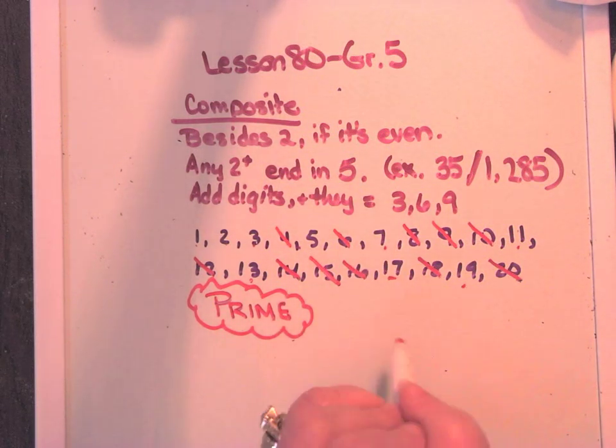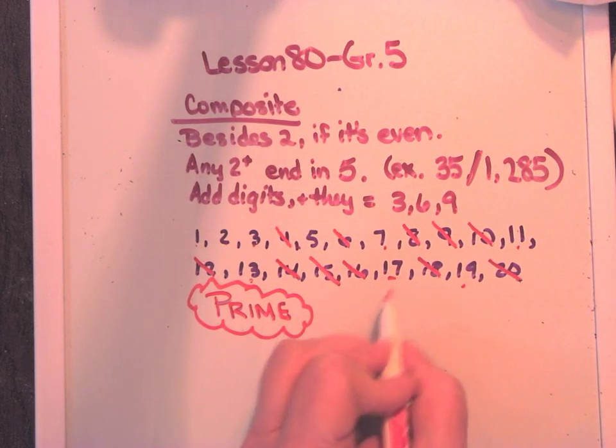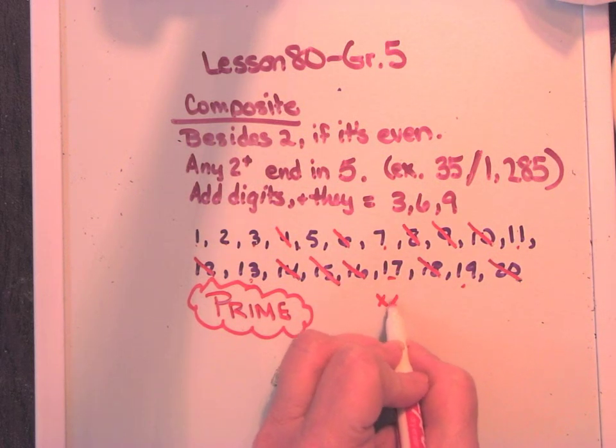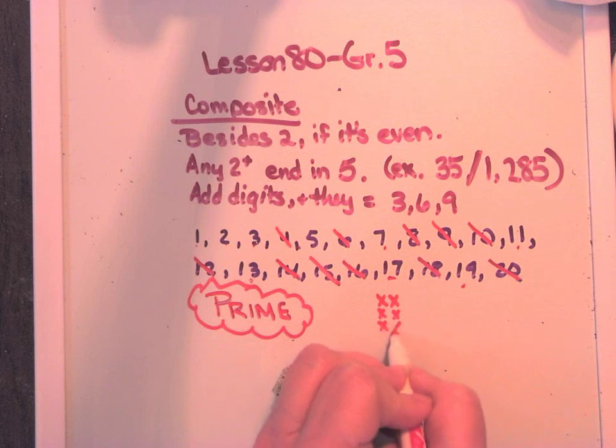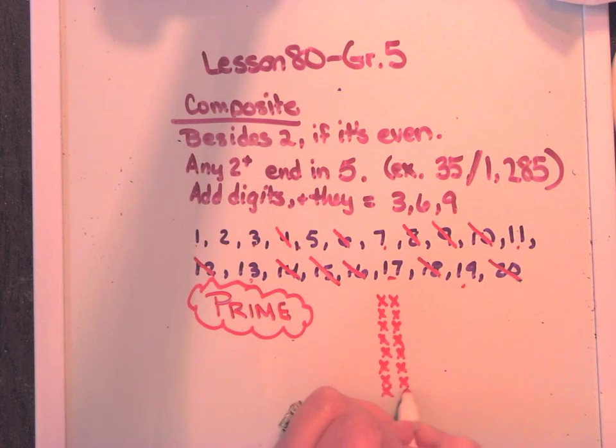If you weren't sure if 19 is prime and you did your 19 going across, can you do it by 2s? 2, 4, 6, 8, 10, 12, 14, 16, 18, 19. Oh, nope. They need to have a partner. There's a space missing. So you can't do anything by 2s.